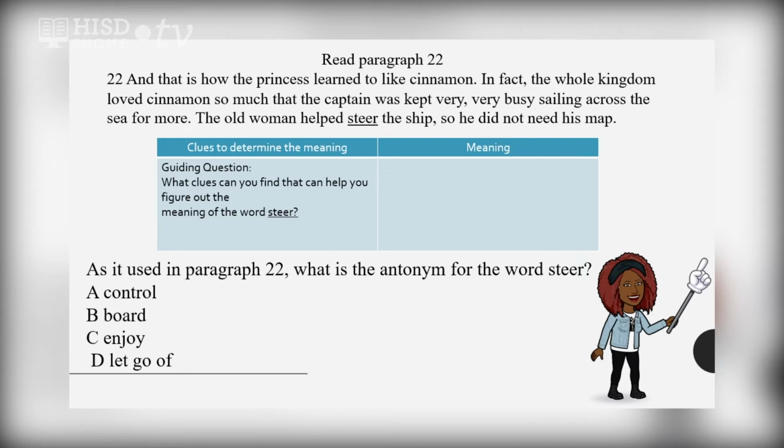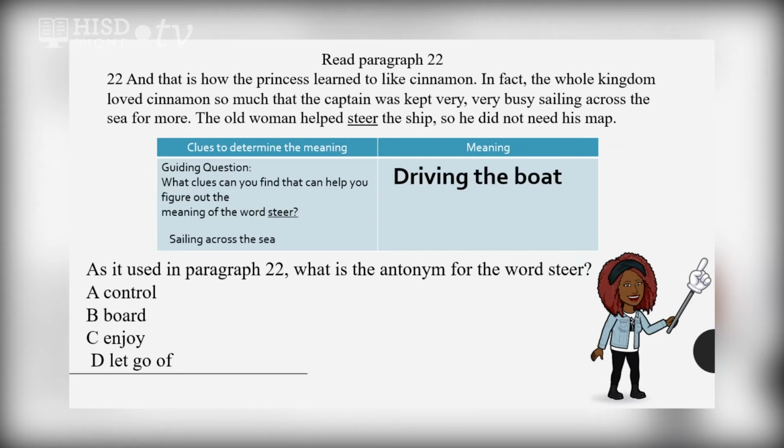So from the paragraph, the words that I picked out as my clues are sailing across the sea. From there, I determined that if they're sailing across the sea, the meaning was driving the boat.